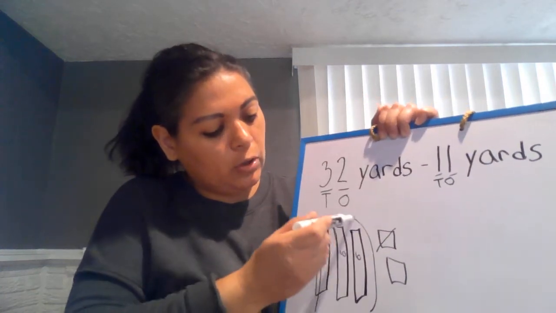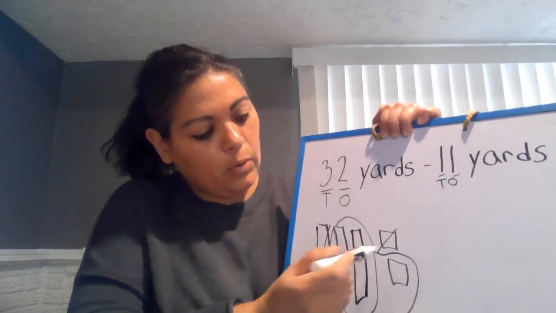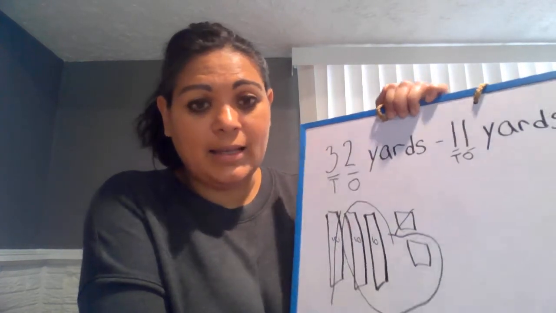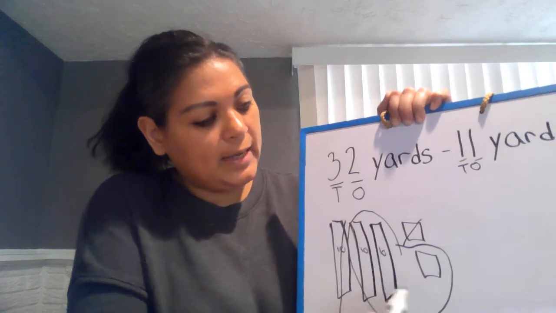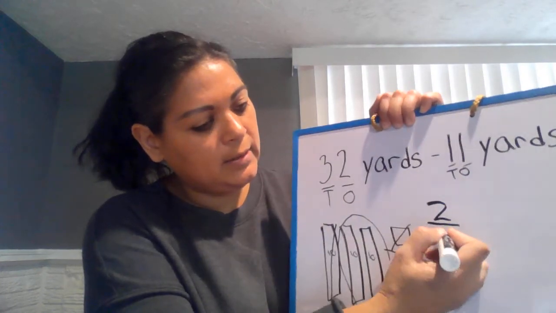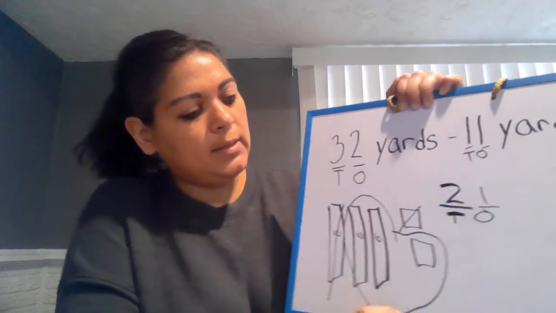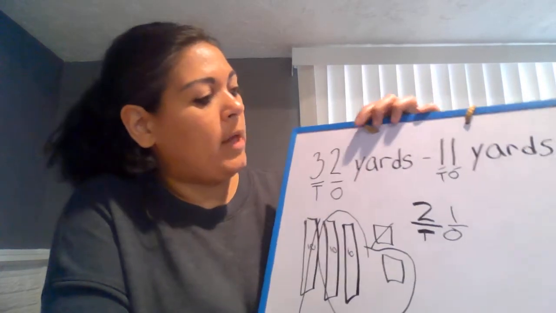So I'm going to circle what I have left so it jumps out at me and I can count it. So let's go ahead. How many 10s do we have? We have 2 10s and we have 1 1. So my answer is 21.